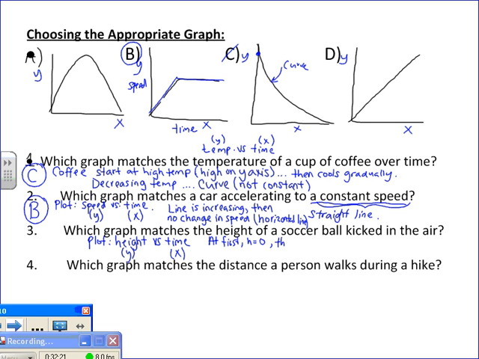Then, after we kick the ball, it would be in the air, so the height would be increasing. So then h would increase. And then it would reach a maximum height. And then it would come down. So I would see h would be decreasing.